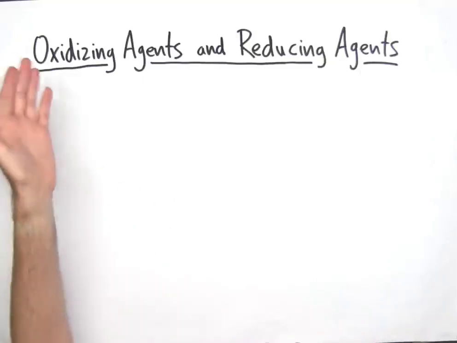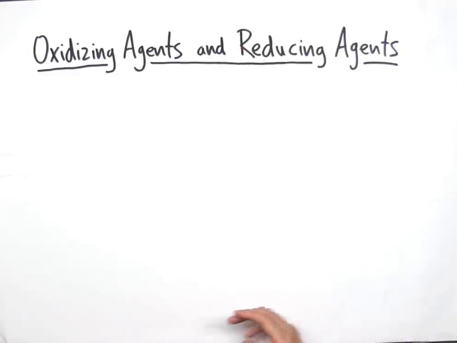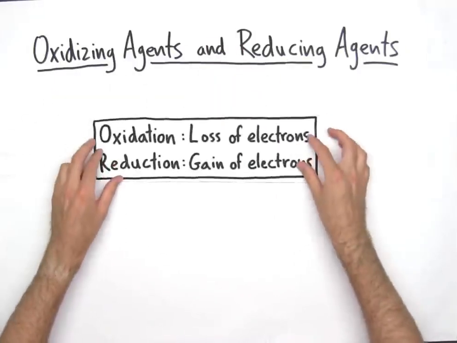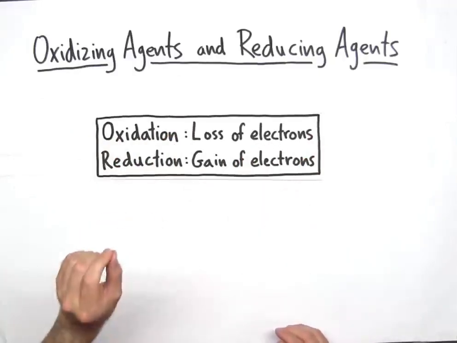So if we're talking about oxidizing agents and reducing agents, let's just refresh our memory about what oxidizing and reducing are, okay? Oxidation is a loss of electrons, and reduction is a gain of electrons.